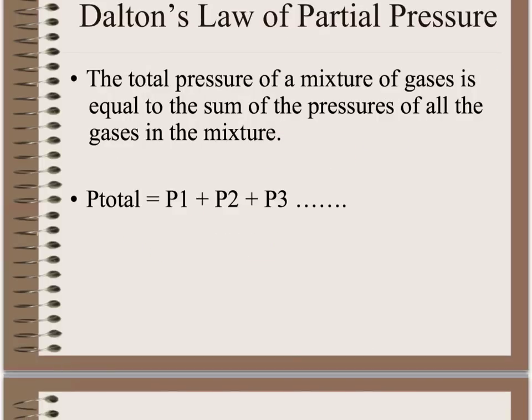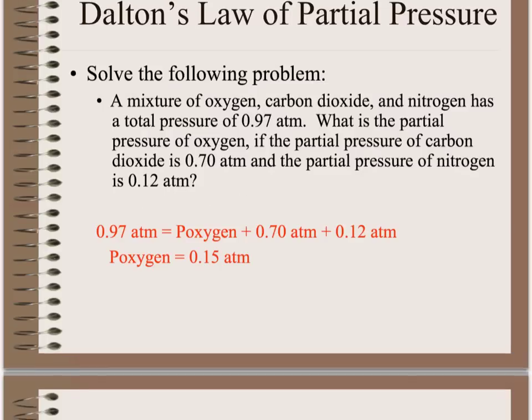All right, last thing we need to discuss, Dalton's law of partial pressure. This just says the total pressure, if you have a mixture of gases, is going to be equal to the sum of each of those pressures. Pretty straightforward. So here we have a mixture of oxygen, carbon dioxide, and nitrogen, and they have a total pressure of 0.97 atm. So that's our pressure total.